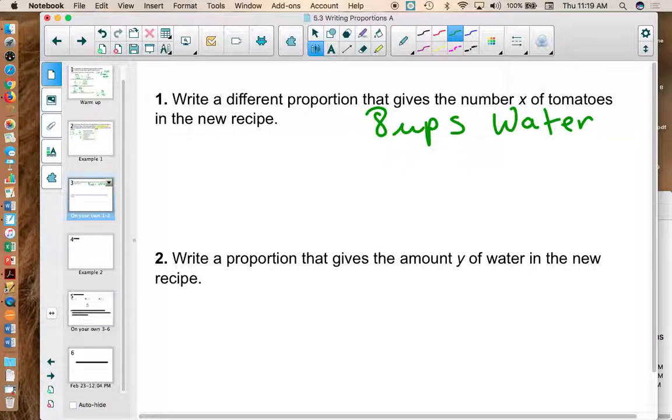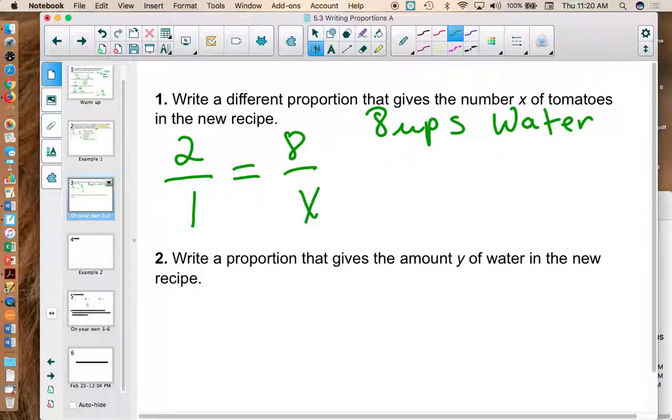Somebody tell me what you write. Tanner. 2 to 1. Okay, Tanner, I need a proportion. You gave me a ratio. So what's the first ratio? 2 over 1, the way it is: 2 cups of water to 1 tomato. And that has to be equal to 8 over X. That's it. That's writing the proportion.